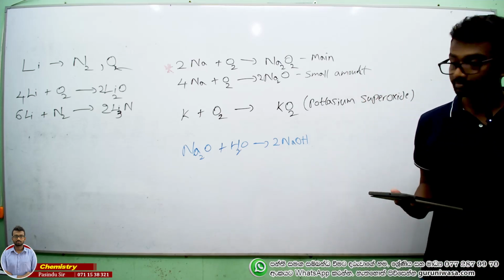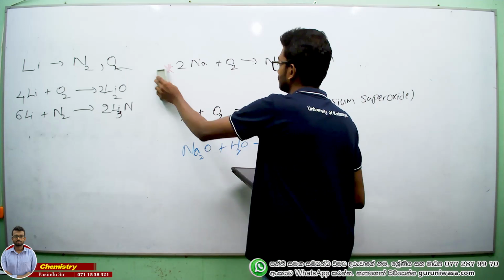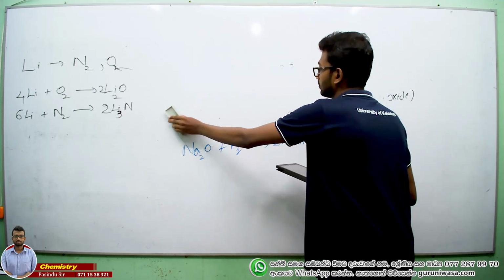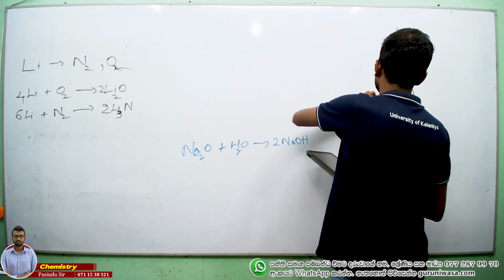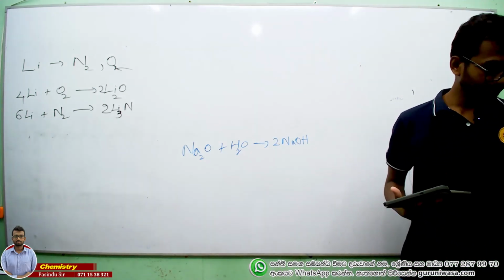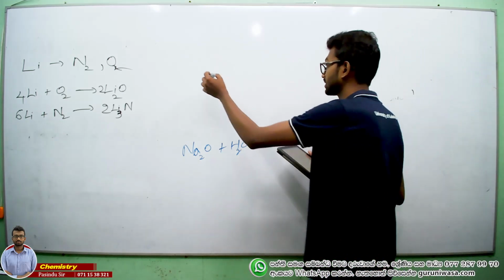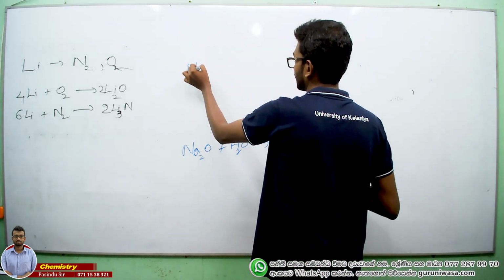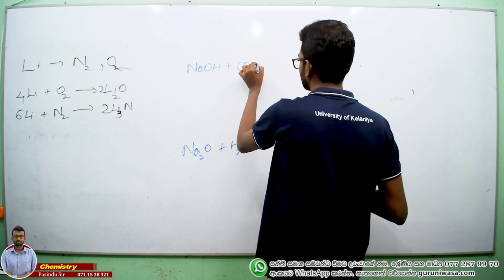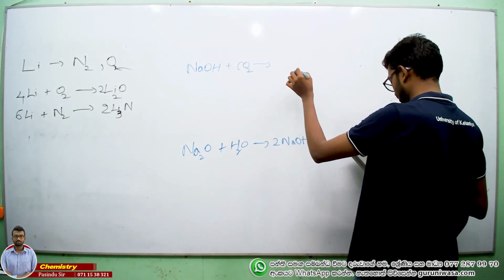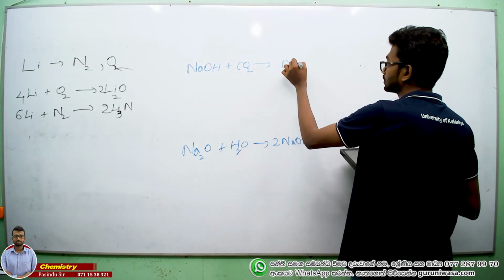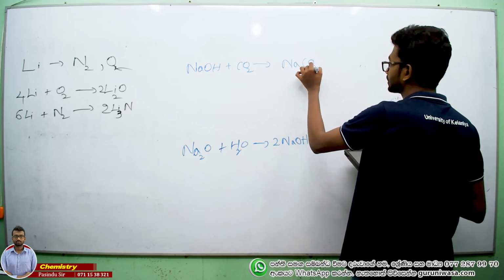What is that? This thing is common for the second group also. When we send carbon dioxide through the hydroxide, it forms sodium carbonate, right?